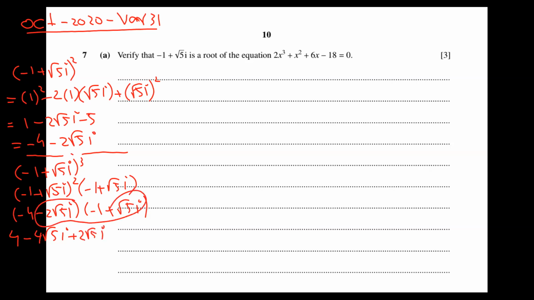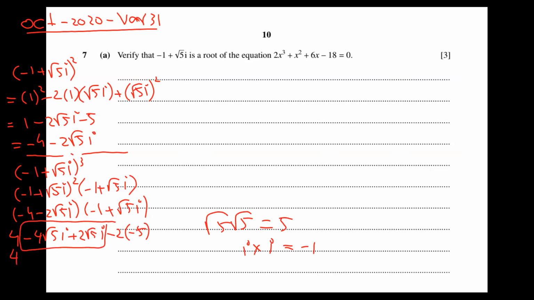And this times this, plus minus minus 2. You know root 5 into root 5 gives 5, and iota and iota become iota squared, which gives -1. So ultimately the negative 2 outside, and root 5 iota, gives us -5. Then 4, and these two values we can simplify: -4 and plus 2 give -2 root 5 iota, and negative 5 times 2 is 10, and 10 plus 4 gives 14.